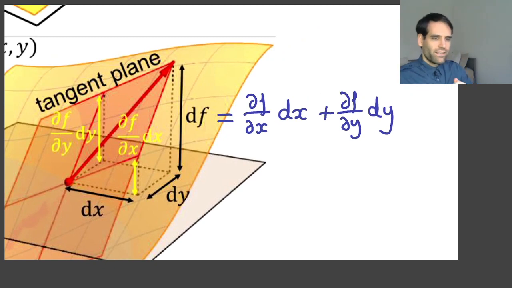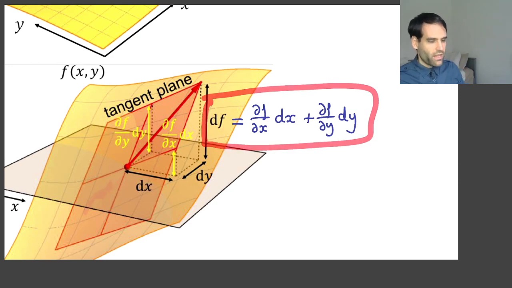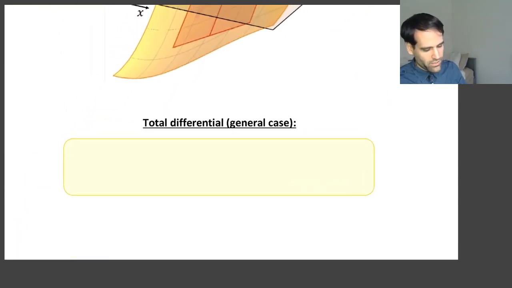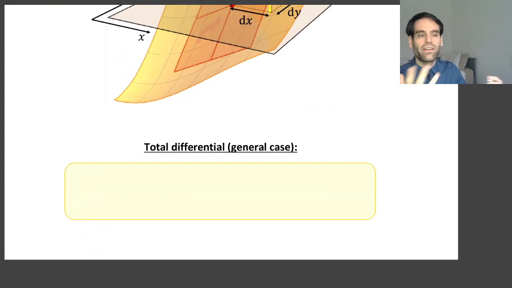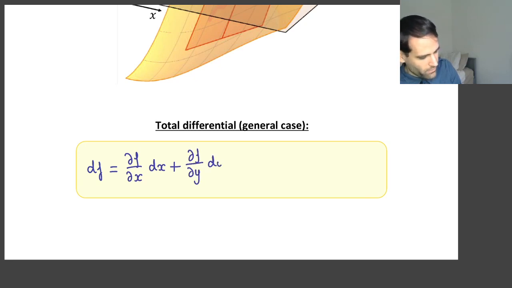Now if you got confused by this figure, don't worry, you just have to remember the equation. And actually, I can write here the general equation when the function has more than two variables. So it's a function of n variables. Then the total differential df is equal to the partial of f with respect to the first variable, dx, times dx, plus partial of f with respect to the second variable, dy, times dy, plus dot dot dot until the last variable.